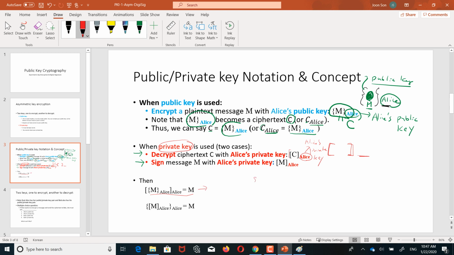So you have a message M, and Alice wants to encrypt this message with Alice's public key. So that's what that means.